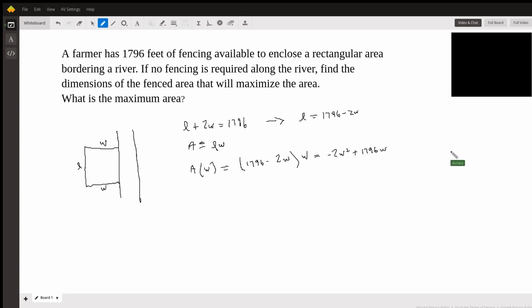And we know that if this were area and this were width, we'd have a parabola opening down. And it would go through the origin, because when there's zero width, there's zero area. So it would look something like this. We know that it opens down because the leading coefficient is negative.